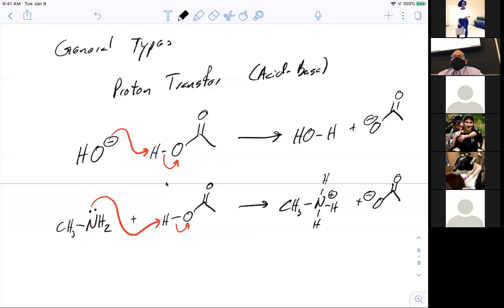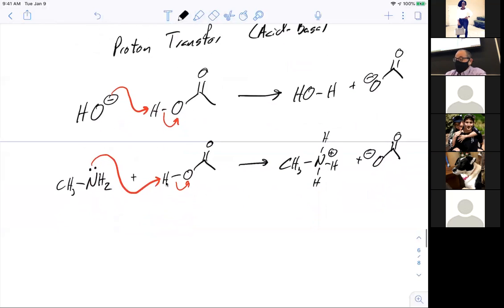Yeah. And it would have been positive, but yeah, it should have 2 hydrogens, right? NH2. So primary amine can accept a proton from an acidic proton, right? So they get a proton transfer. So we're going to see lots of proton transfers, and some of our mechanisms are going to be made up of proton transfer followed by something else followed by a proton transfer, right? So you're going to see proton transfers a lot. Whenever you hear me say it as we go through the semester, realize that this is a very common process.